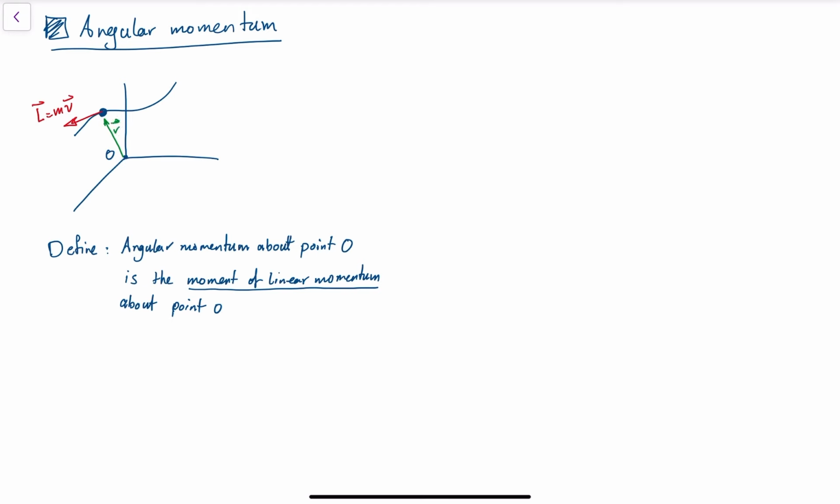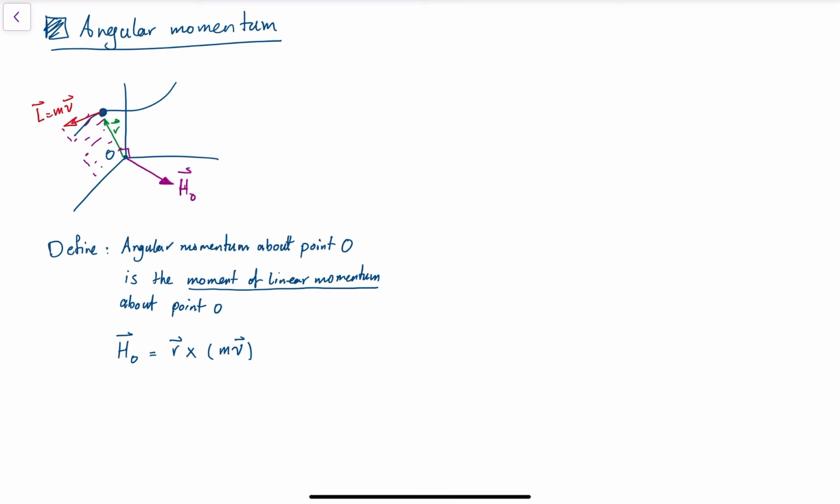So if you are not fresh on the cross product, I highly recommend going back and looking at the properties of cross product and what it entails, including the direction and how you find the final resulting vector. So this is the true definition of angular momentum.